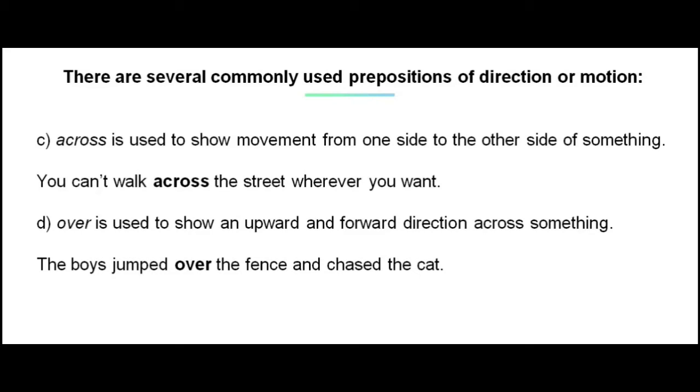D. Over. Over is used to show an upward and forward direction across something, as in the example below. The boys jumped over the fence and chased the cat, meaning that the boys jumped upwards and chased the cat.